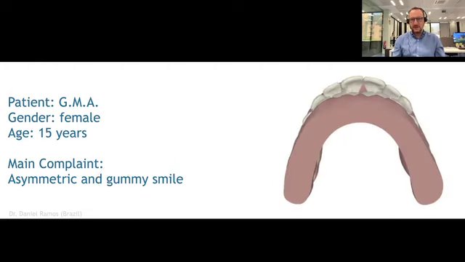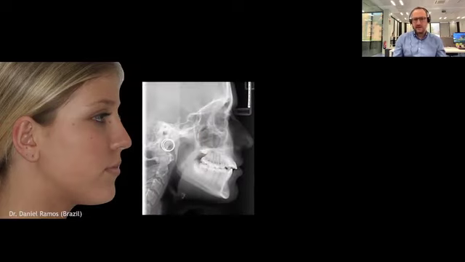The case also has a big overjet, as we can see, okay? But I don't have any intention of reducing her profile a lot and making it worse, okay? She has proclined incisors, so we have margin for some retraction, but look how beautiful her profile is. It's a perfect profile, okay?